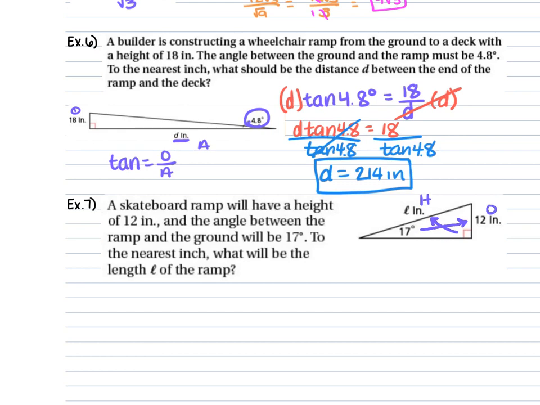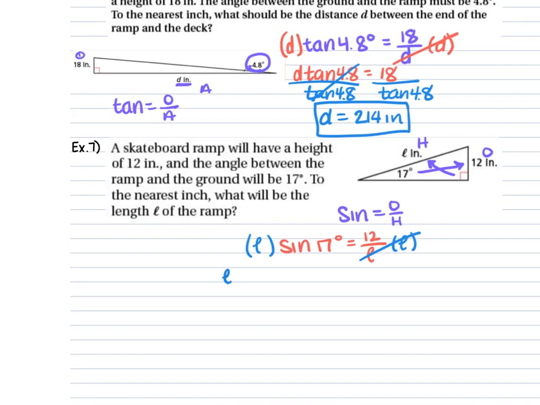Opposite and hypotenuse is sine. So we are going to be taking the sine of 17 degrees is equal to our opposite, which is 12, over our hypotenuse, which is L. We're going to do the same thing we did with the last one. So multiply each side by L. Those cancel out.